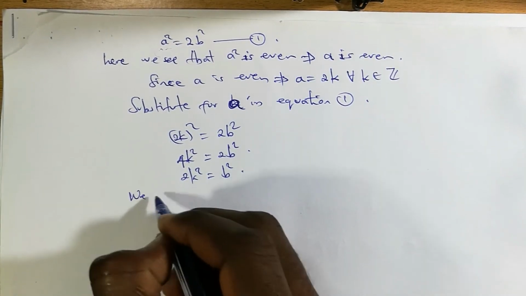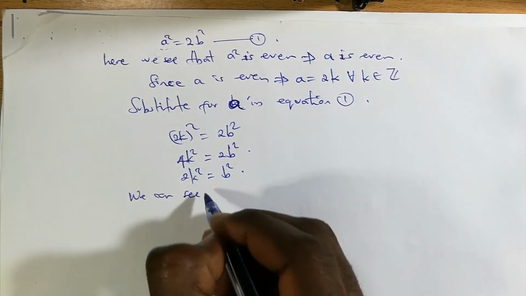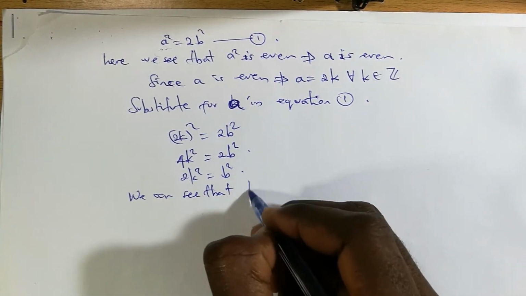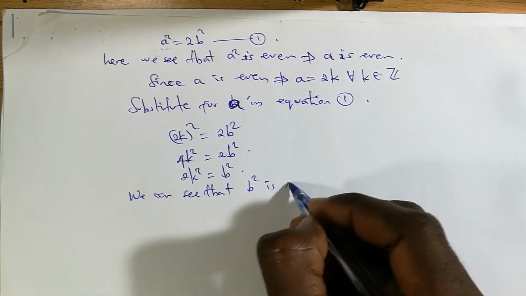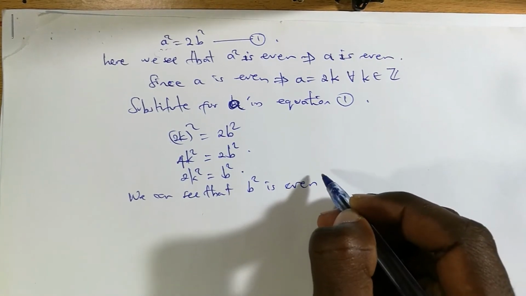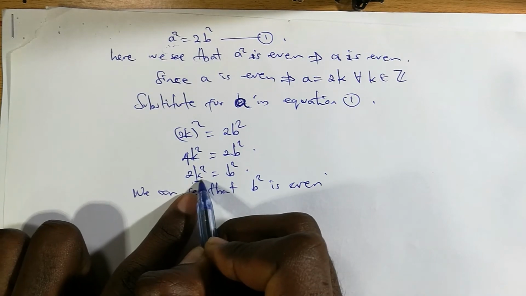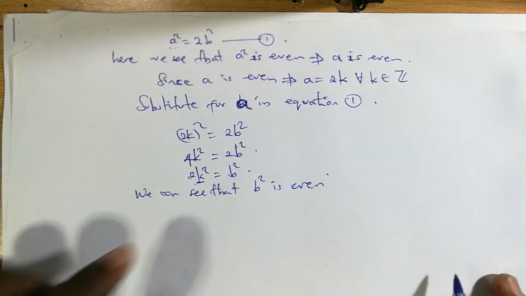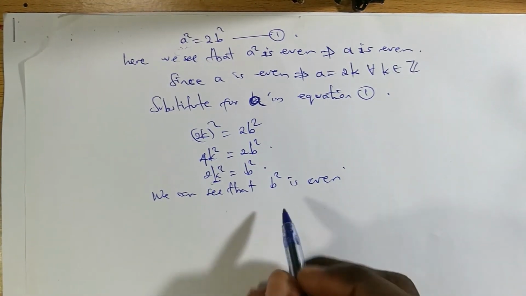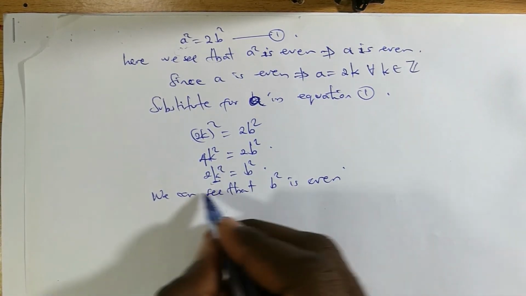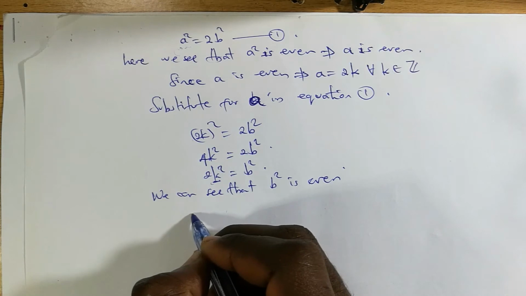We can see that b squared is even, since it's multiplying the square of the integer k by 2. So it implies that b is even.